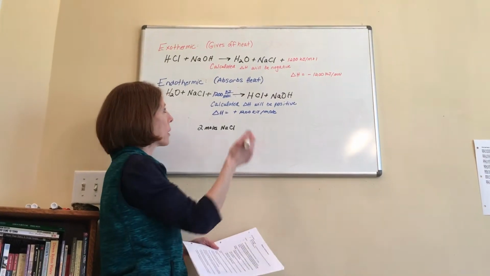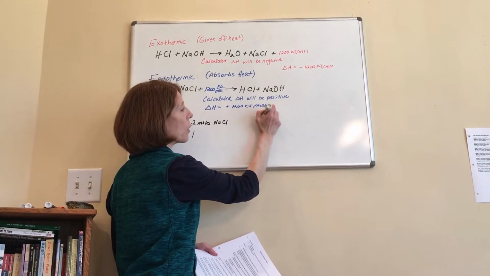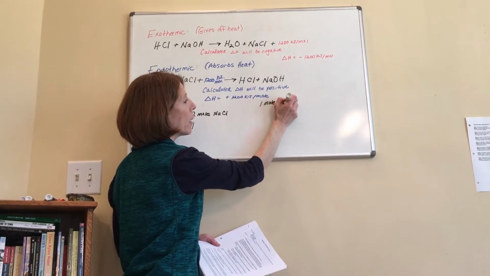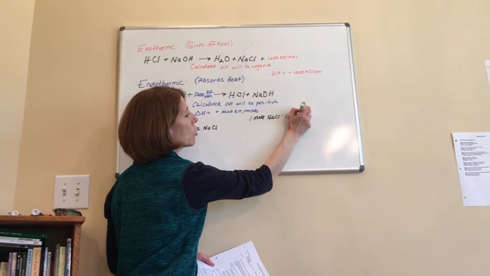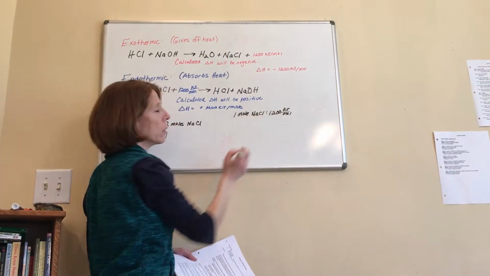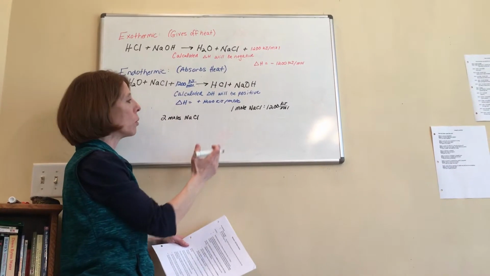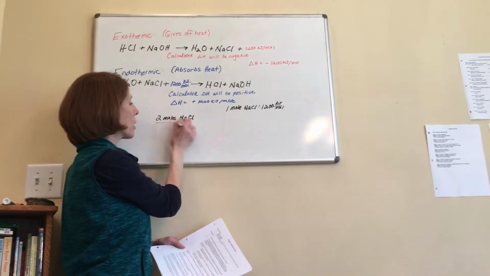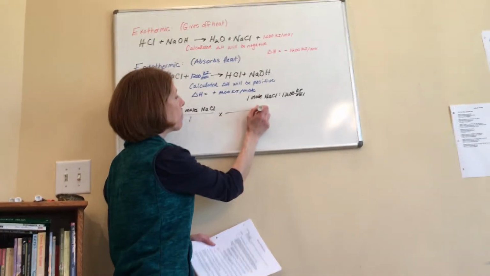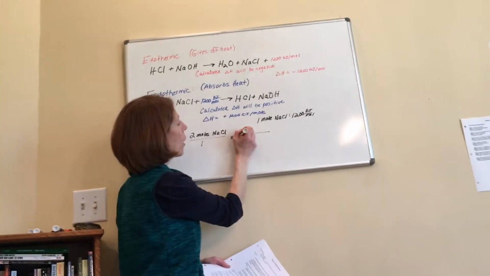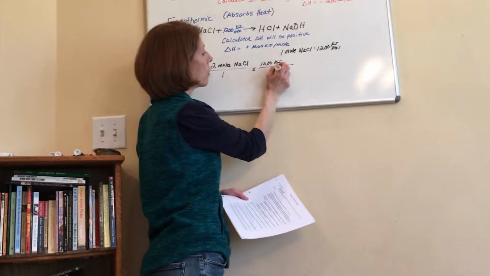That's easy to calculate because I know that for every 1 mole of sodium chloride, here's my stoichiometric equivalent, I will absorb 1200 kilojoules per mole. So if they say, I don't have 1 mole, I have 2 moles, how much energy is going to be absorbed? It's just like every other stoichiometric equivalent. 2 moles of sodium chloride times 1200 kilojoules per mole.